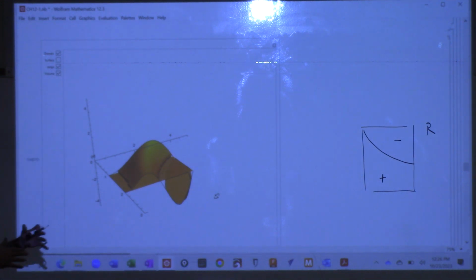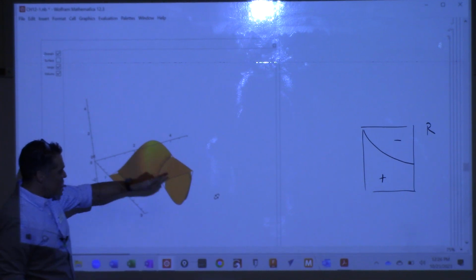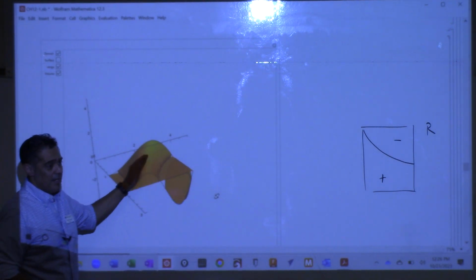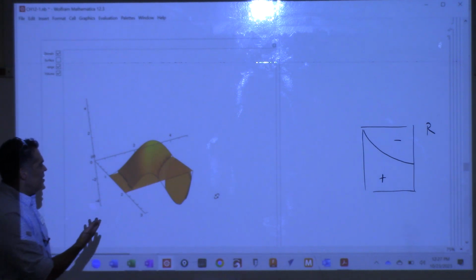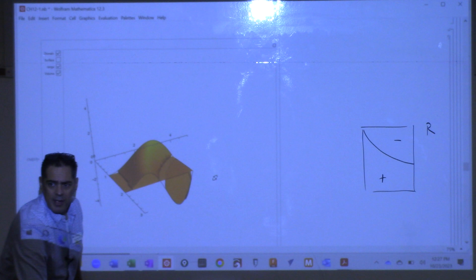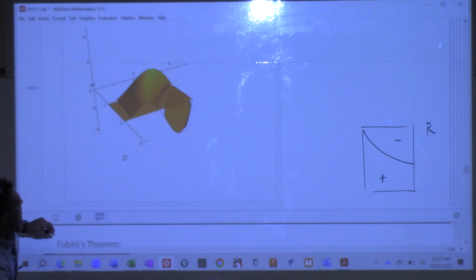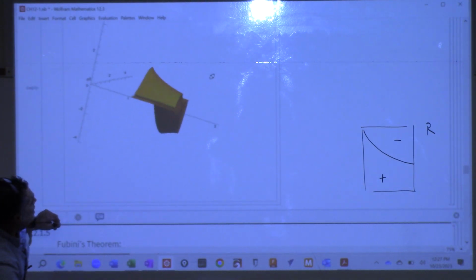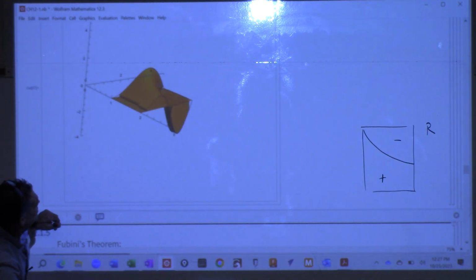So the answer being 0 is just telling us that this volume here is equal to that volume there. They offset each other. And notice also there's no symmetry here. Do y'all see that? Like the volume of this top piece, I would argue this does not go as high as that one goes low, right?